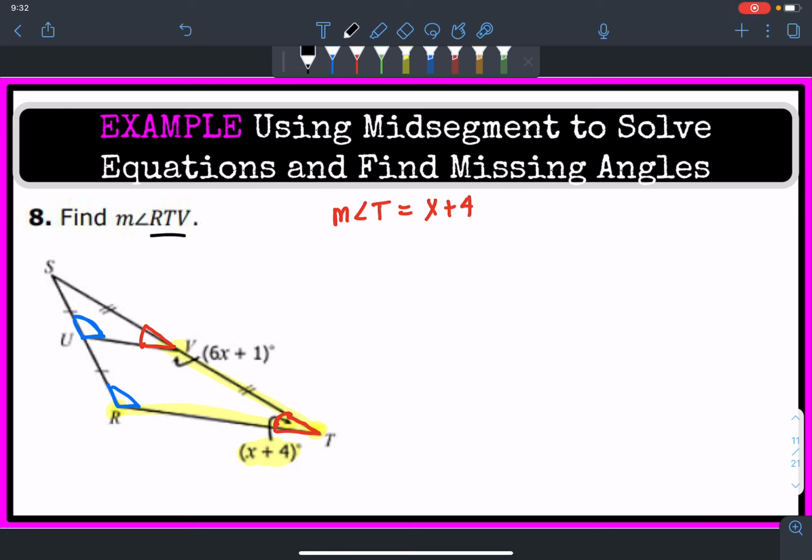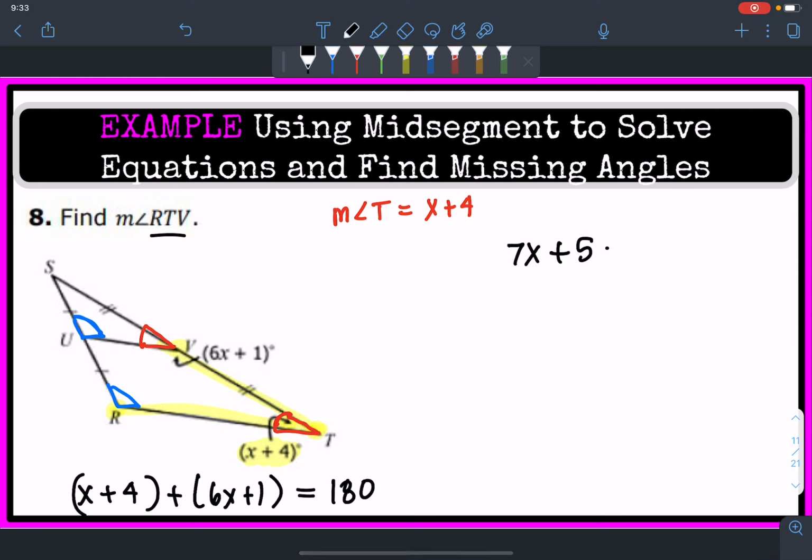So I would have to add these two up. I have to add up x plus 4 with 6x plus 1 and set it equal to 180 degrees. So adding the x's, that's going to equal 7x. Adding the units, the 4 and the 1, that's equal to 5. And that's going to equal 180. So with letters to the left and numbers to the right, I would subtract the 5, and 7x would equal 175.